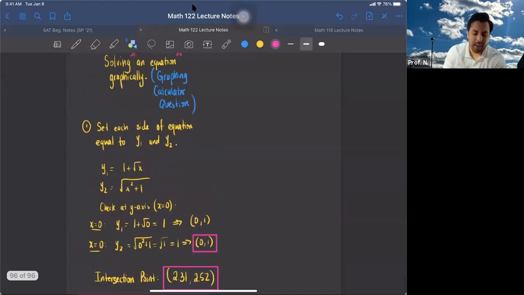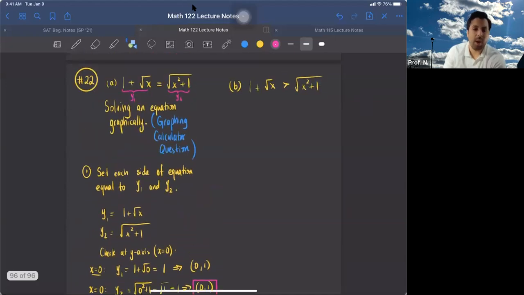All right, so the next part of this question is an inequality. It's saying 1 plus square root of x is greater than the square root of x squared plus 1. Again, we treat this as y1 and this as y2. One way we can interpret this is: for what x values is y1 bigger than y2?